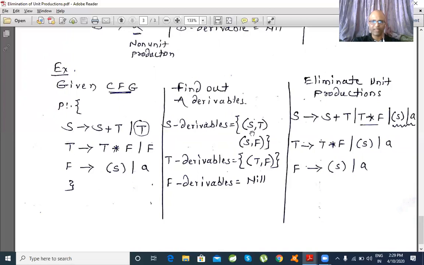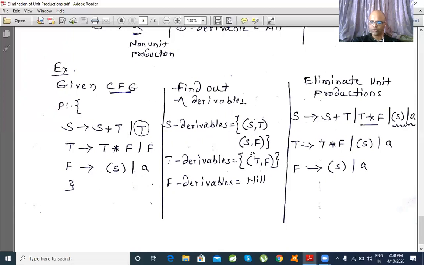So T is producing T multiplied by F and this capital F. So this S plus T remains as it is. Instead of T, in your S rule, I need to add what T is producing. So I'll consider this T multiplied by F should be added back into this production rule.